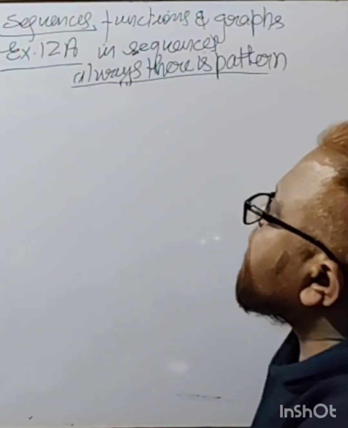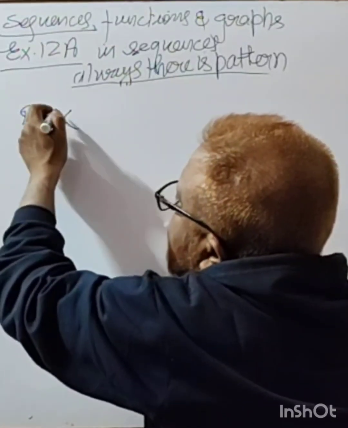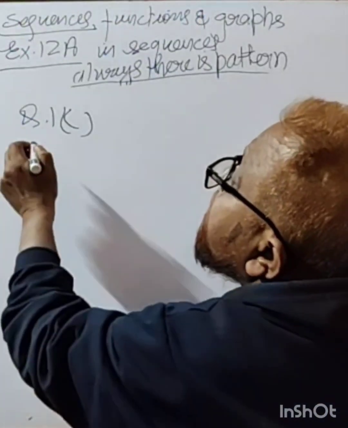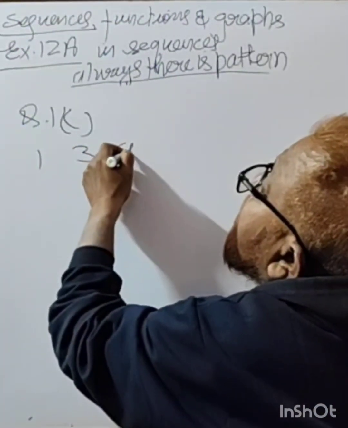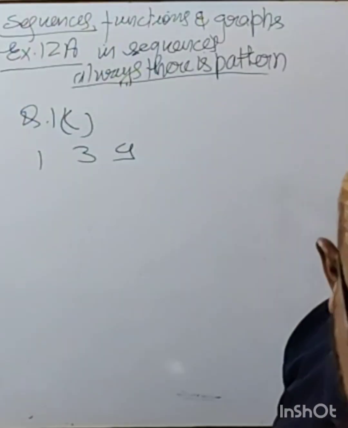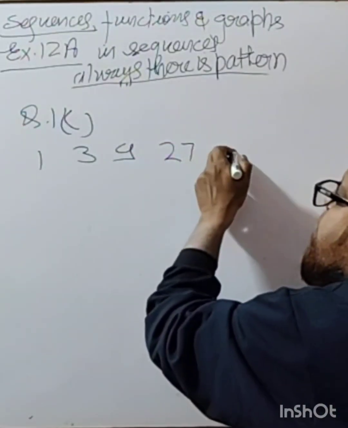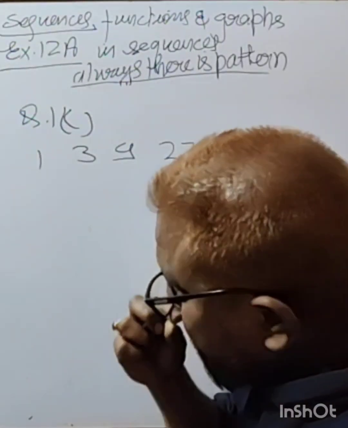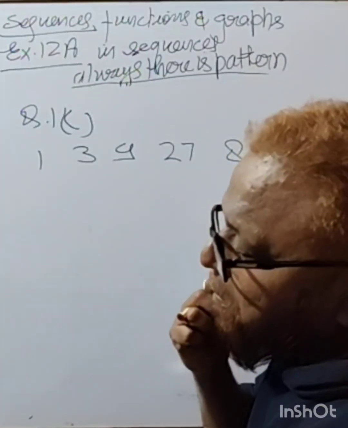Now we were doing question number 1C. There is 1, 3, 9, 27, 81.